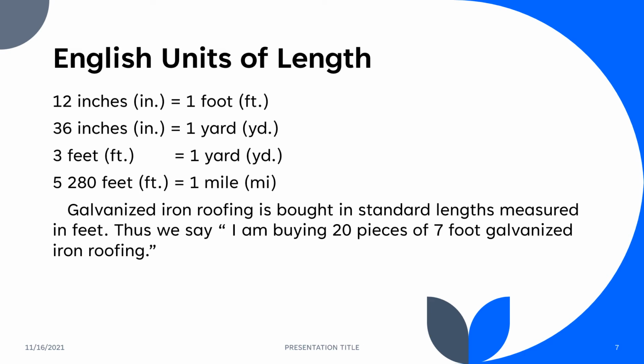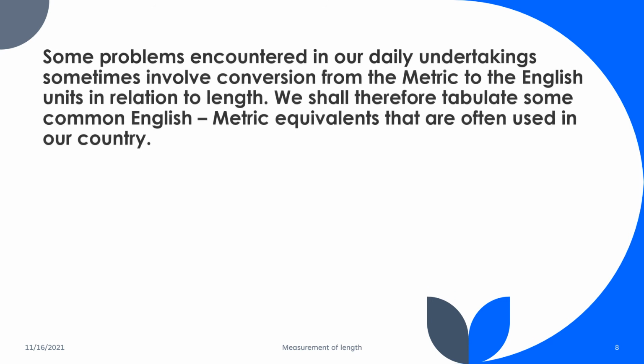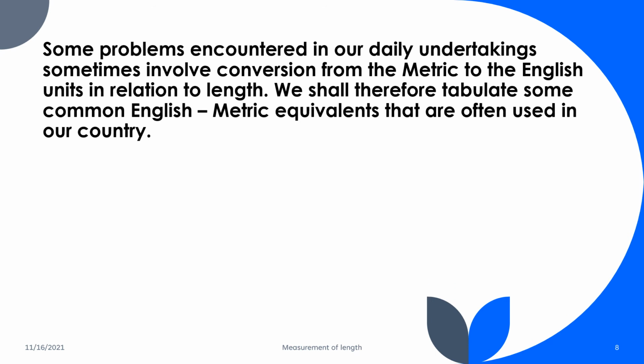Thus we say, I am buying 20 pieces of 7-foot galvanized iron roofing. Some problems encountered in our daily undertakings sometimes involve conversion from metric to English units in relation to length. So we shall tabulate some common English-metric equivalents that are often used in our country.